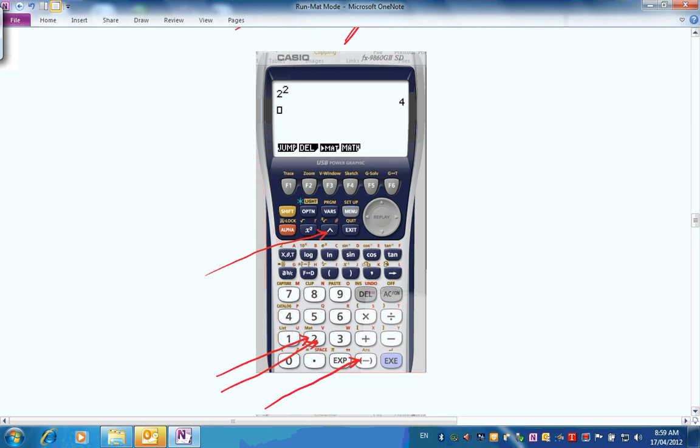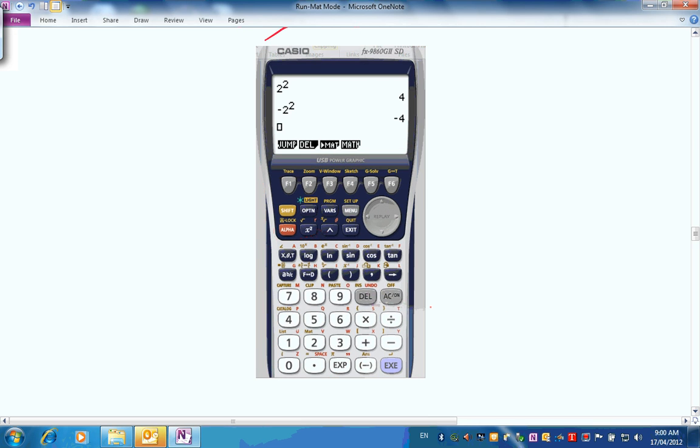And if you hit execute, what happens then? I think something has gone wrong. Can you see it? The answer here is -4. But a negative number times a negative number always gives a positive. So it shouldn't be -4.